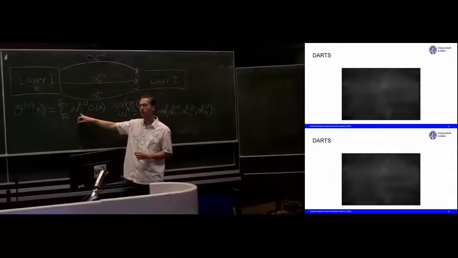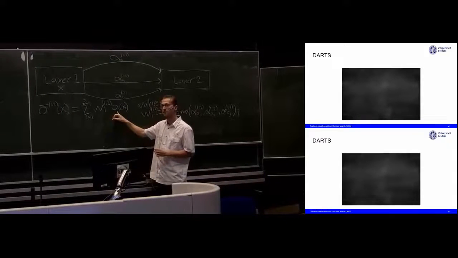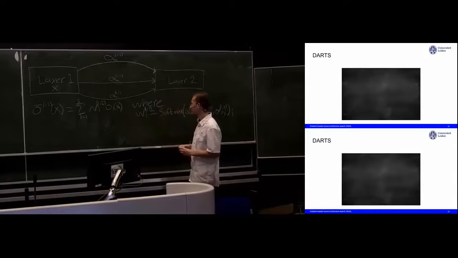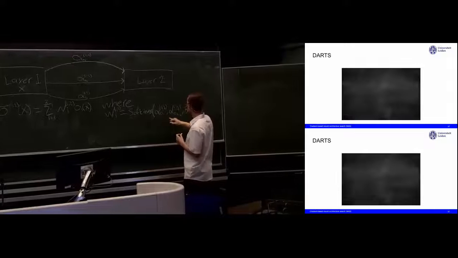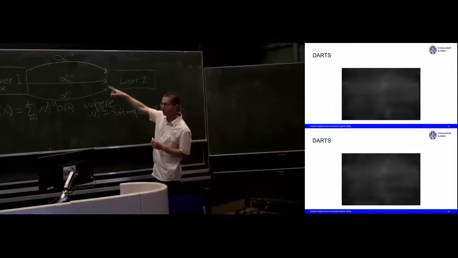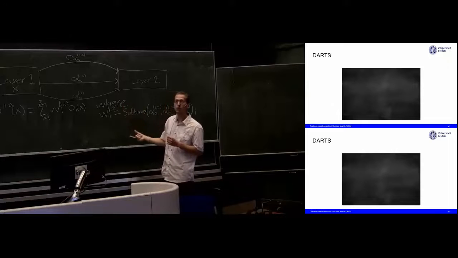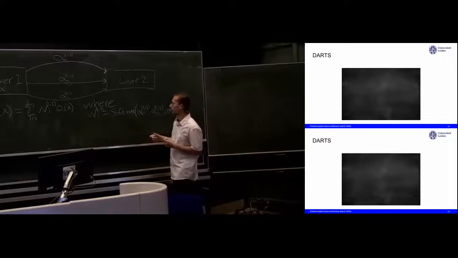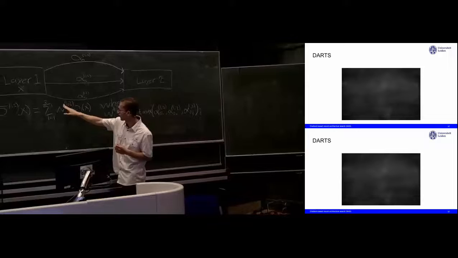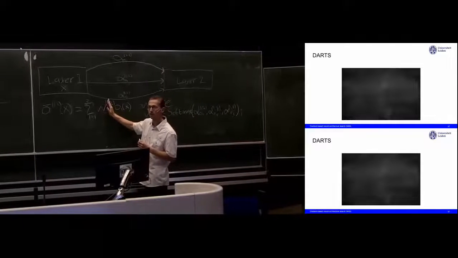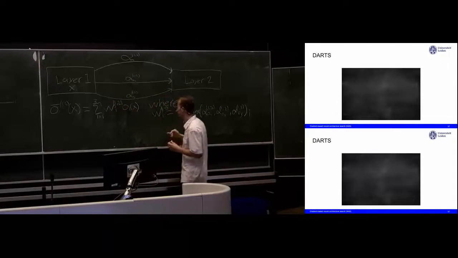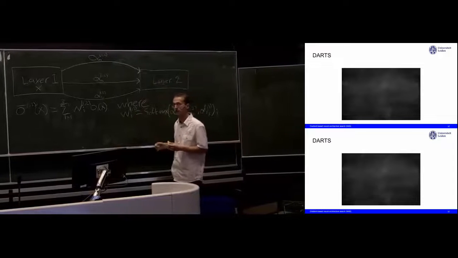So this is going to be the weight with which we're going to apply this operation. So this is basically the softmax over each of these activation strengths, which ensures that they are actually defining a probability distribution, so that the sum of these weights will be equal to 1. So that's what we're doing by normalizing these weights.